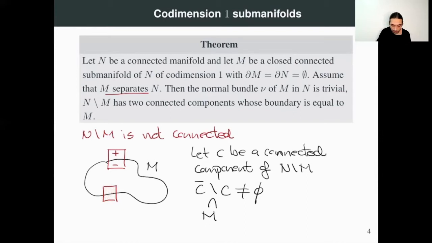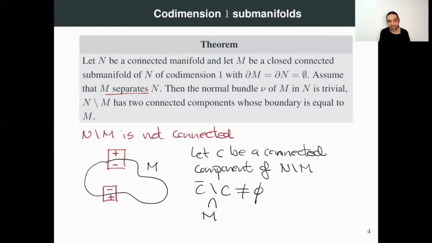But if we consider points over here and we follow M, we are going to end here or here. So one of the sides is going to be a plus, and the other one, since they cannot be in the same connected component, because of the same argument that we used here, has to be a minus.